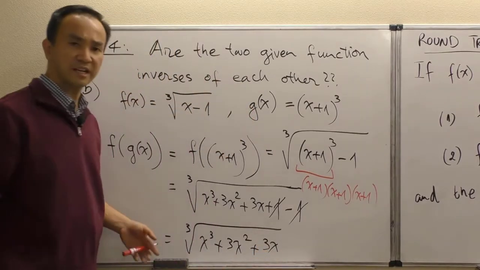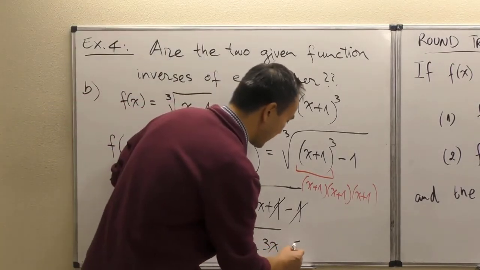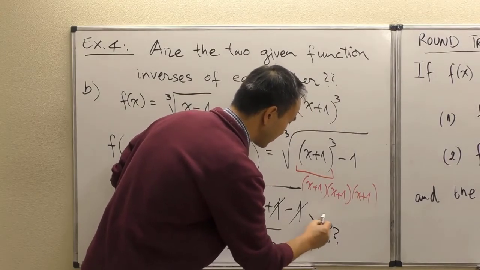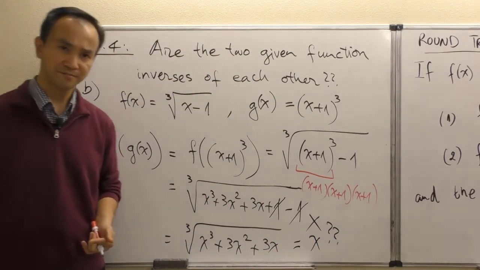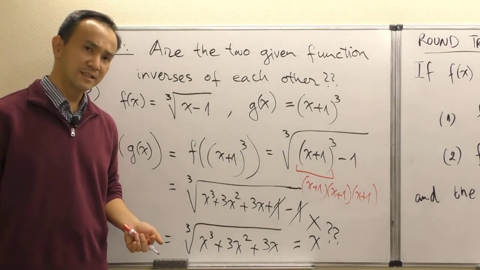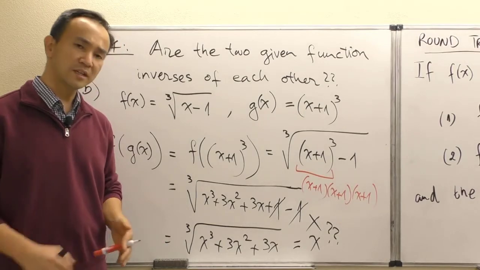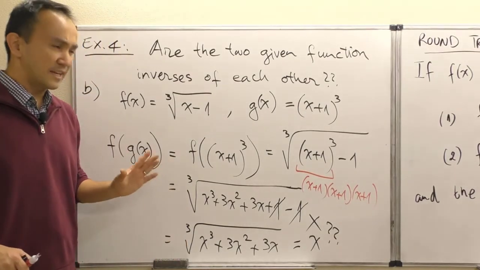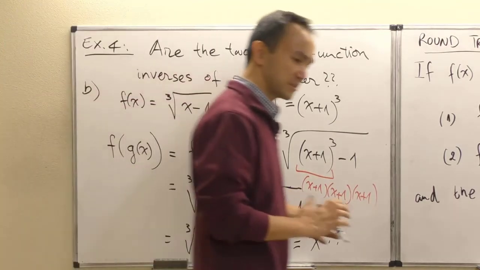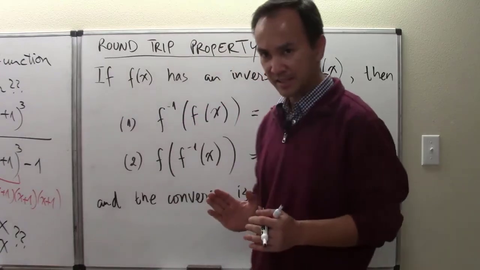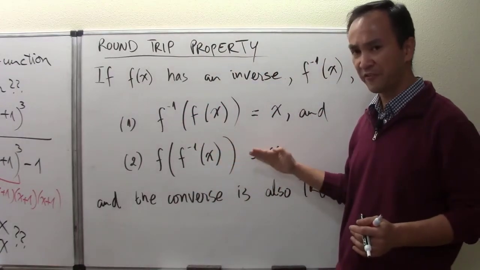We just can't make it equal x. It's just not going to equal x. So immediately, what does that tell us? We fail that requirement, and as long as we fail one of the two requirements, think about the logic: if it passed, we would have to check both, but now it already failed one of the two.